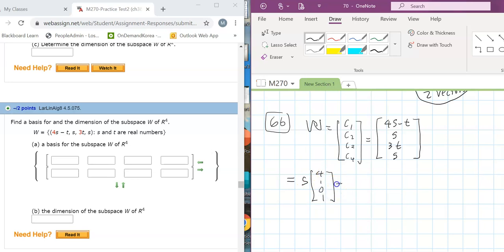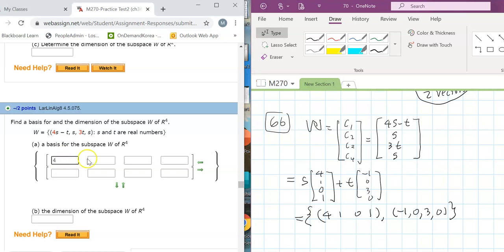S times 4101 plus T times negative 1030. So in this case, they want us to write it this way. The first one is 4101, and the other one is negative 1030. That's horizontally. You don't need a vector symbol: 4, 1, 0, 1, and then negative 1, 0, 3, 0.